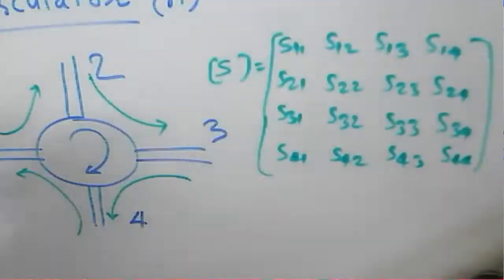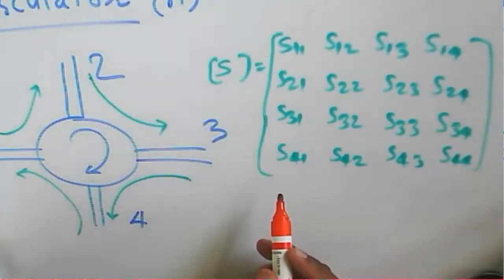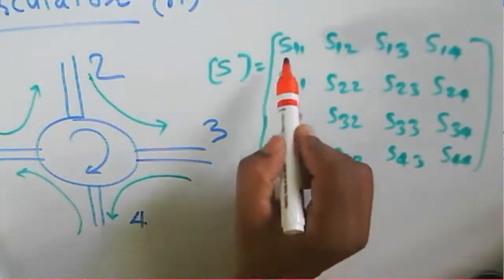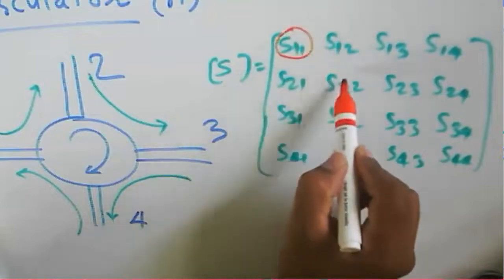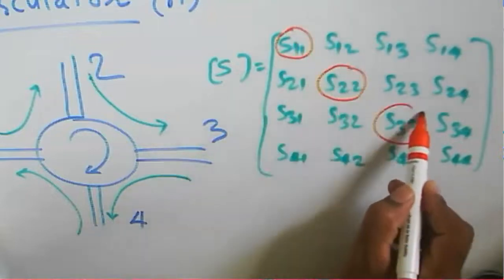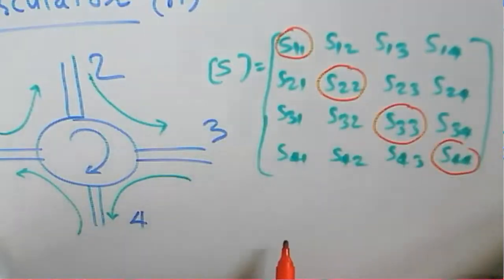Now in this case, if you see what happened here, given all these ports matching condition, so the diagonal entries become 0.